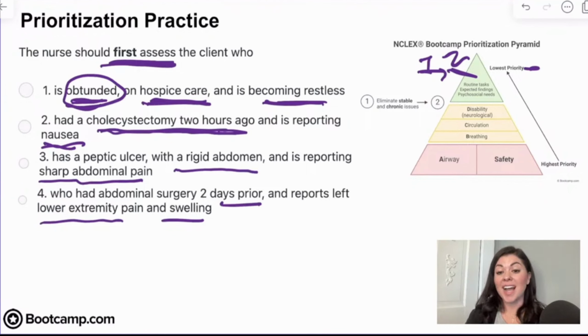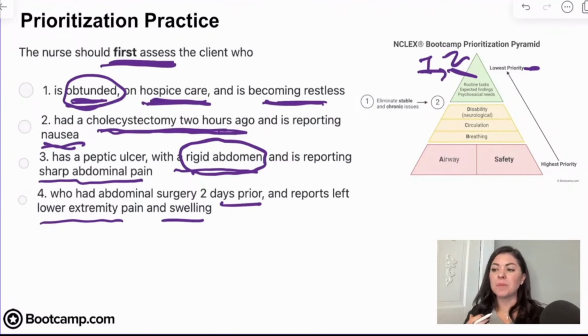And then option 3, I see you guys love. So let's talk about why y'all might be right. We have a client with a peptic ulcer with a rigid abdomen. I want to tell you guys, anytime you see the words rigid abdomen, or you might also see board-like abdomen, firm abdomen, hard, it's going to be a big red flag that your client potentially has peritonitis.